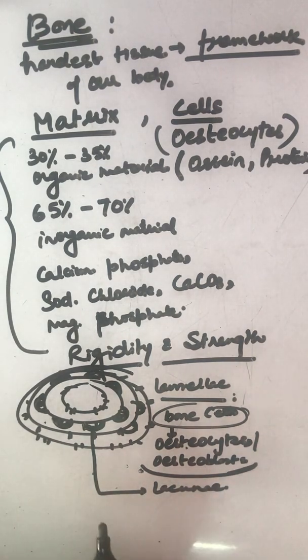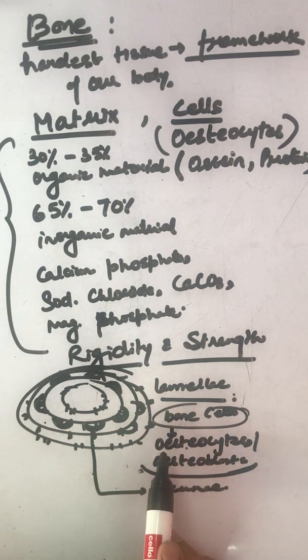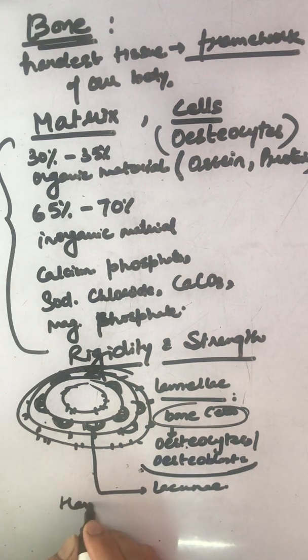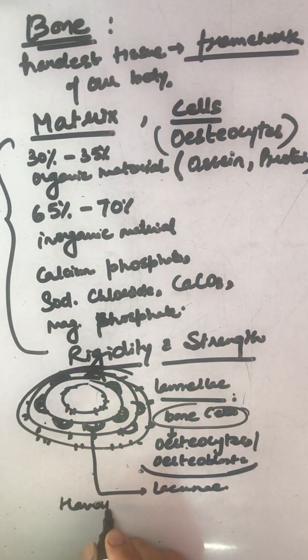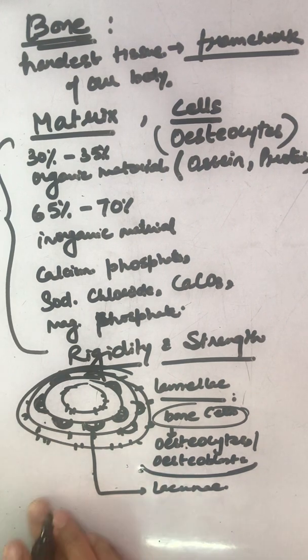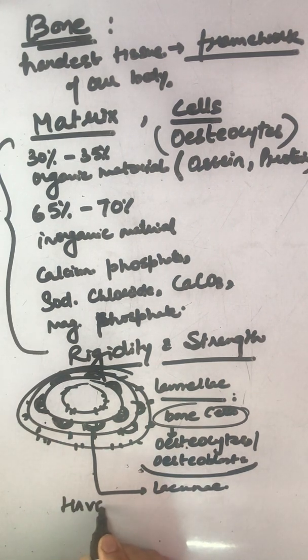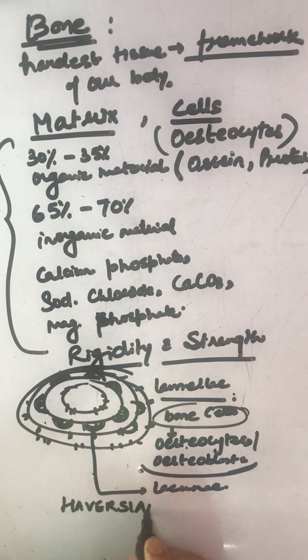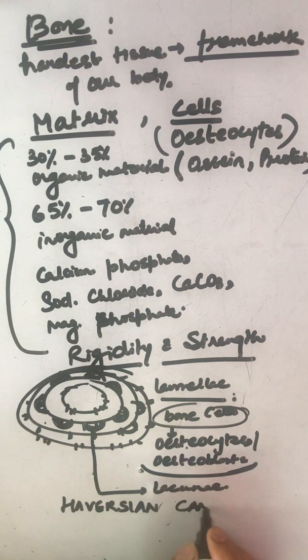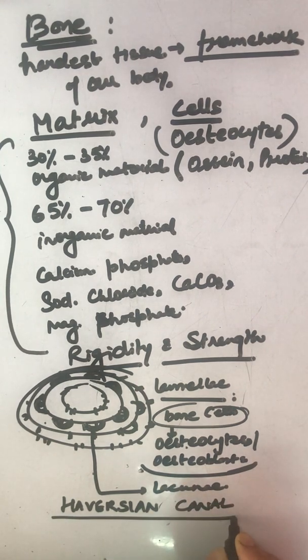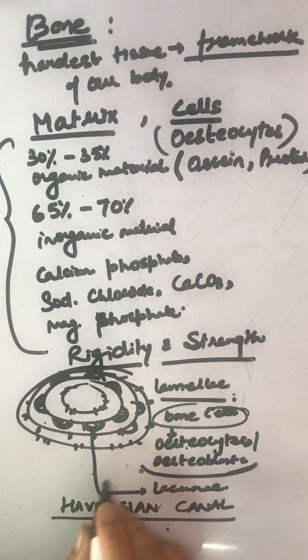And the blood vessels, nerves, and lymphatic canals, along with the concentric rings, constitute the Haversian canals. Haversian.